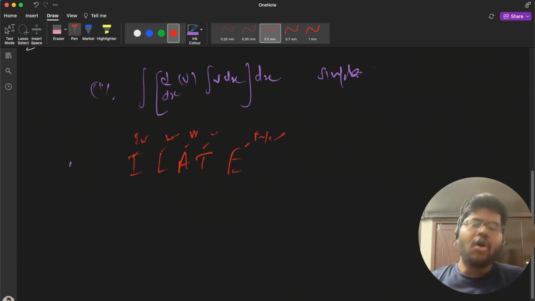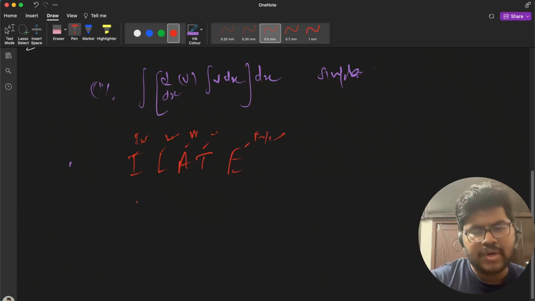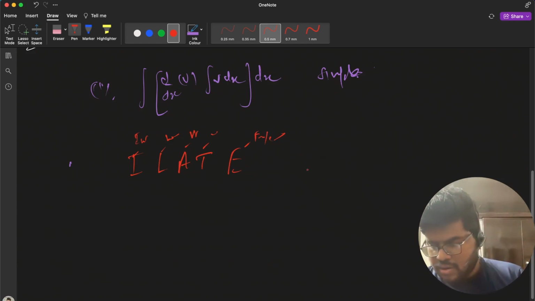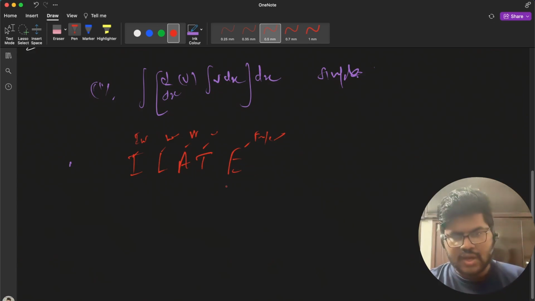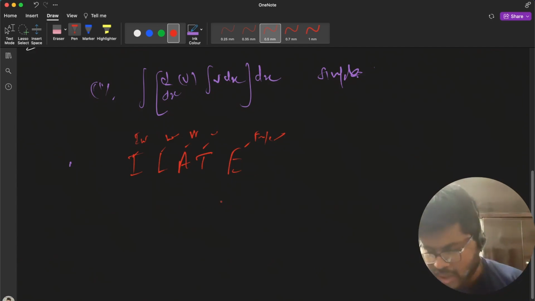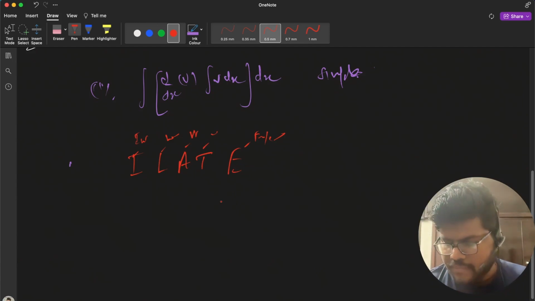According to the order of the letters in ILATE, we choose u, so the first function should be chosen in this series. If there is an exponential function, it should be taken last, in the reverse order. So the order should be kept in mind.